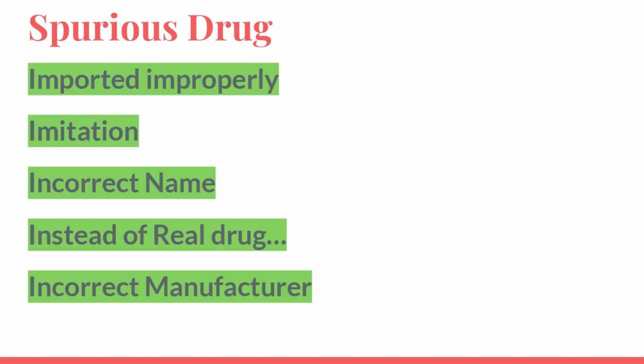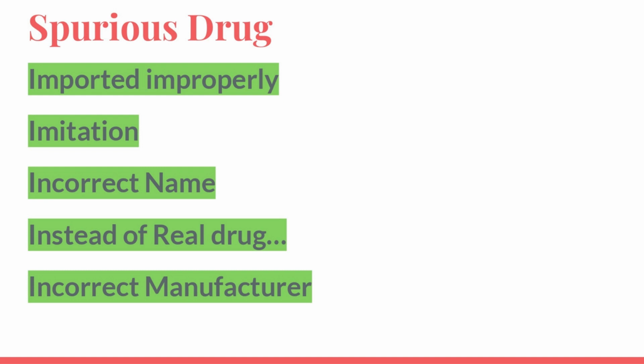We can remember the definition of spurious drug by remembering the letter I. Spurious starts with S and you add the letter I, then it will be SI.